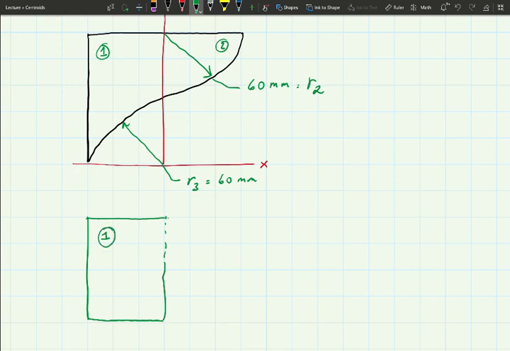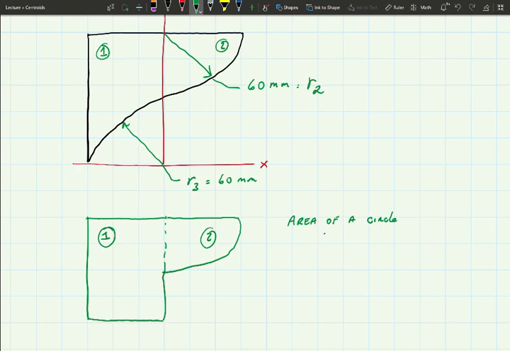And then 2 is a full semicircle. This will be 2. Okay, so a couple of things you need to go look up, and this is in your book: the area of a circle, and then remember to divide it by 4.